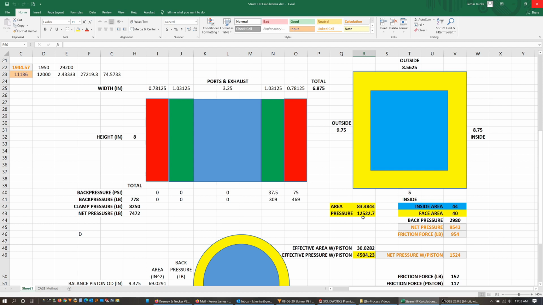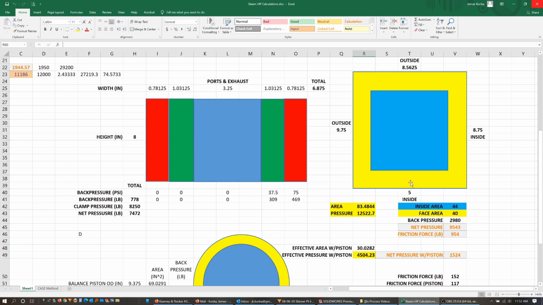This is 12,500 pounds on the steam chest from the 150 psi. So you're stacking like 3 SUVs on top of this thing, and that's the pressure that this would be seeing. Well, minus the back pressure, there is 2,900 pounds of back pressure from the pressure that bleeds across the face, but the net pressure is still almost 10,000 pounds, 9,500 pounds.